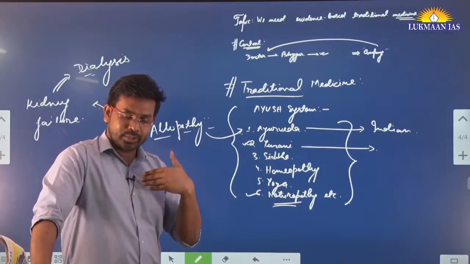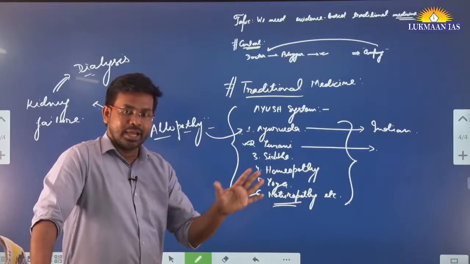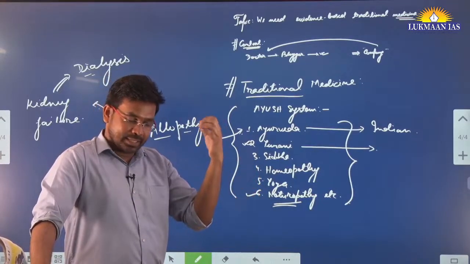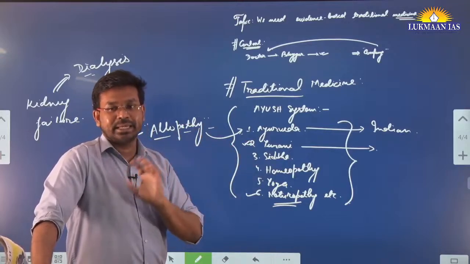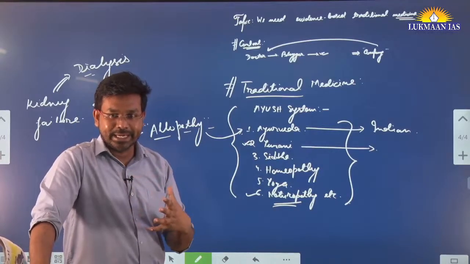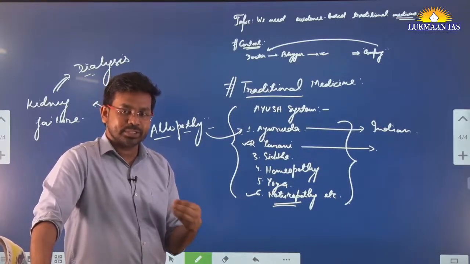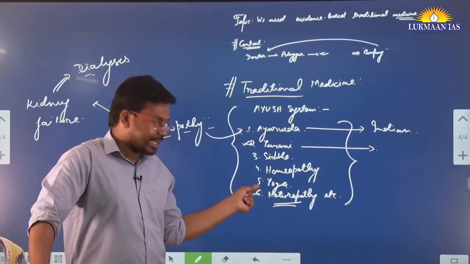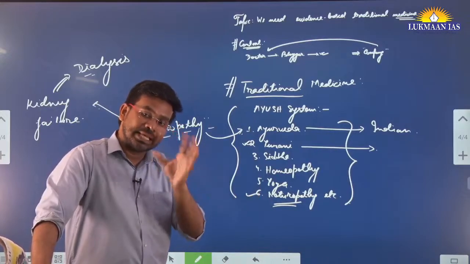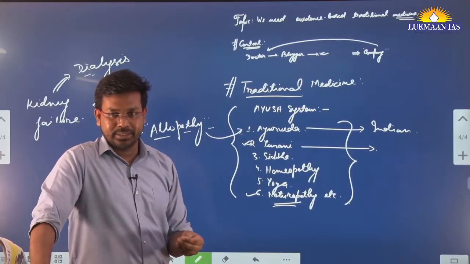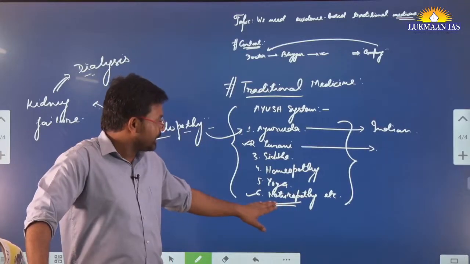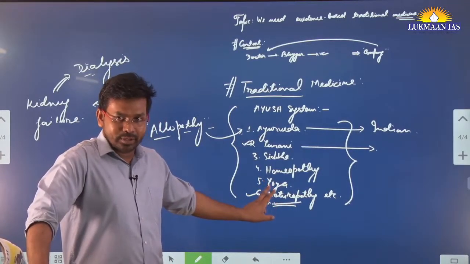Mud bath means you will be made to bathe in mud. Then you may be tied inside a blanket so that you start perspiring. So they are using natural healing methods for treatment of patients. So that is naturopathy. Yoga we know, right?